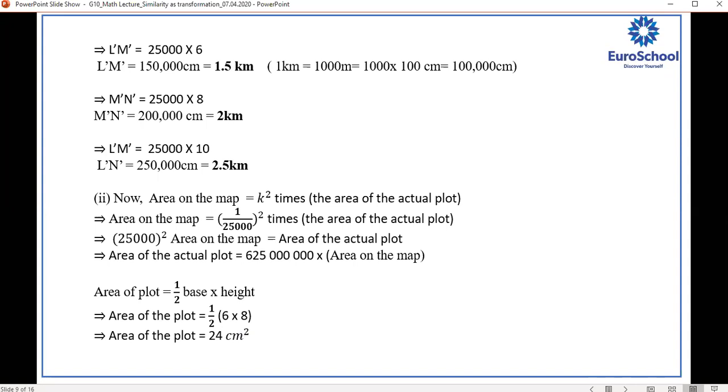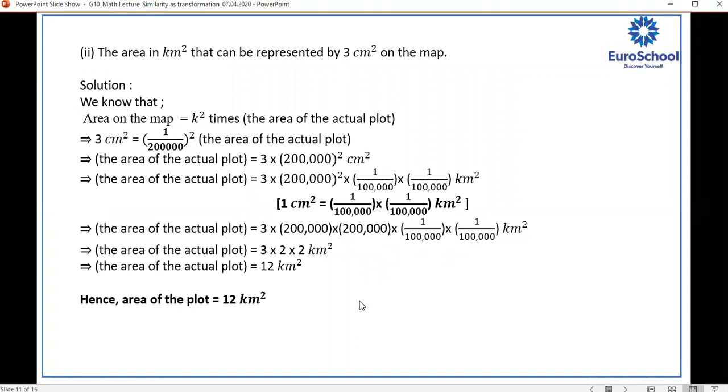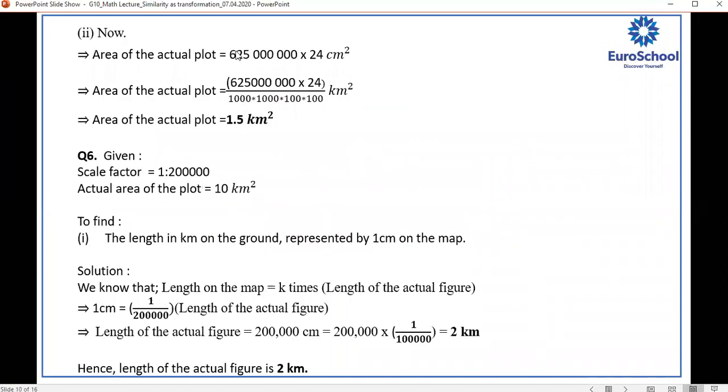Okay. Now, what will we do now? Area of the plot we know. This is on the map. So 625 with 6 zeros into 24 centimeters square will give you the area of the actual plot. So area of the actual plot is equal to 625 with 6 zeros into 24.